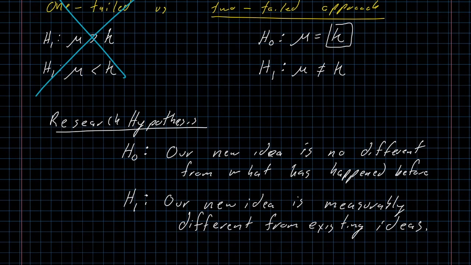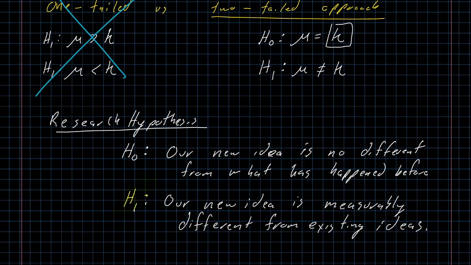So again, in the medical case, that means that taking your medicine has a measurable effect on the rate of recovery. Now, this doesn't say it's a measurably faster effect or a measurably slower effect, just that it is doing something different. And most of the time in research, doing something different is our goal.